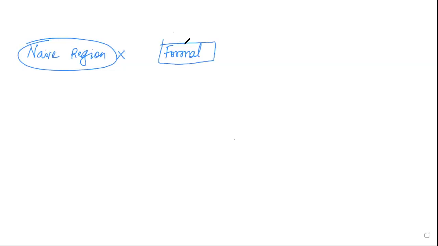In that, first of all, a very important thing with formal regions, when compared to naive regions, is that they have clear-cut boundaries. For example, if I am talking about the Himalayan mountainous region, I know where the mountains are extending.